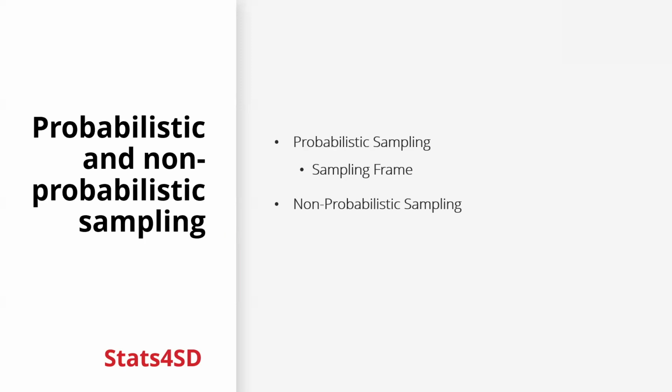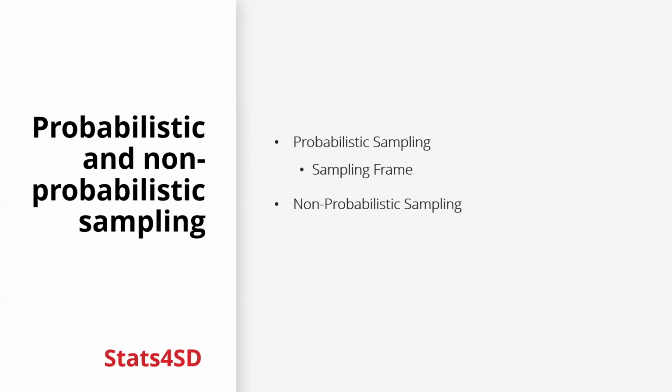There are two broad families of sampling methods, the probabilistic and non-probabilistic sampling methods. In a probabilistic sampling design, every element of the population has a known non-zero probability of being included in the sample. In a non-probabilistic sampling plan, we don't have this feature.